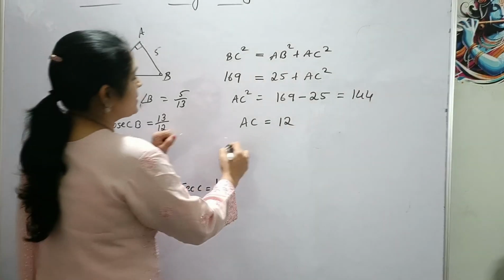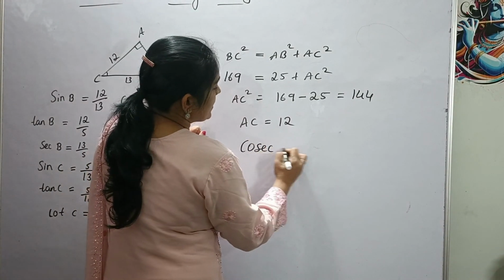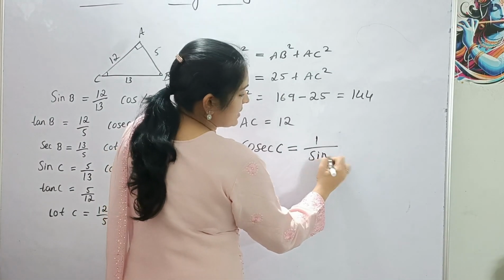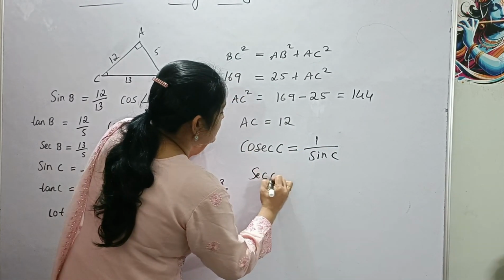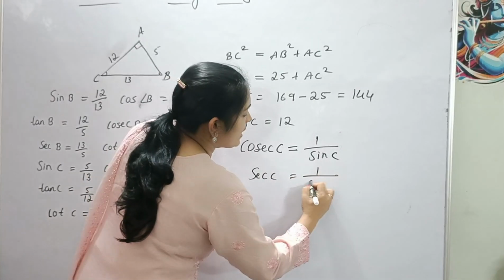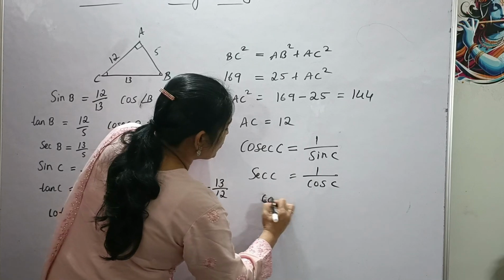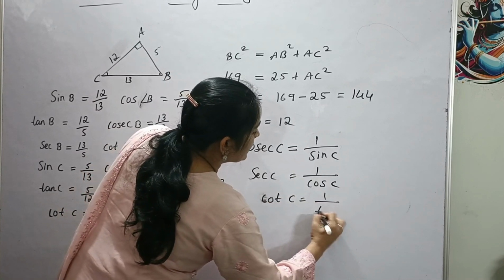Remember, cosec C is equal to 1 by sin C, sec C is equal to 1 by cos C, and cot C is equal to 1 by tan C.